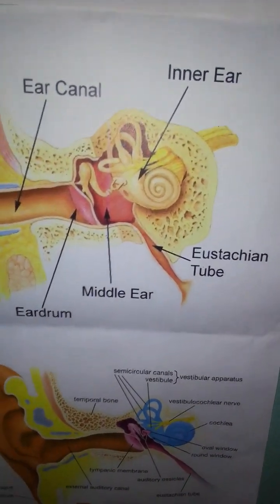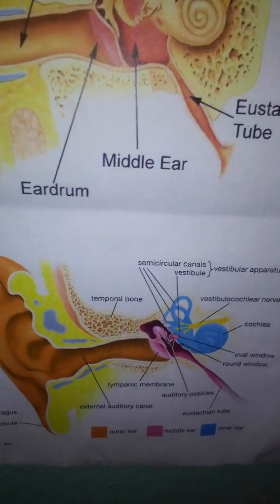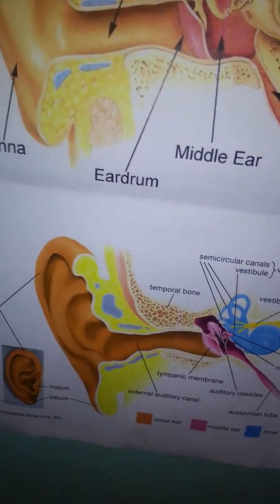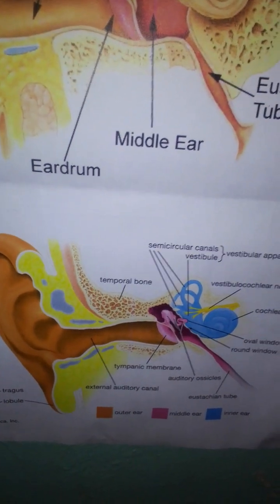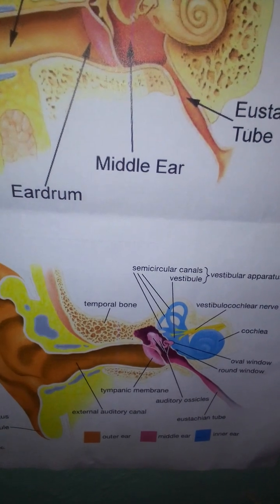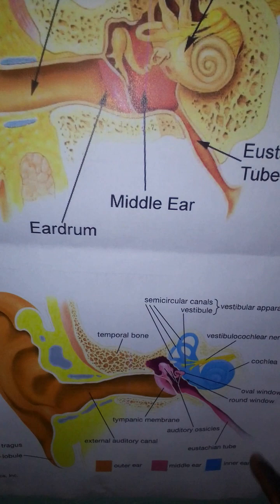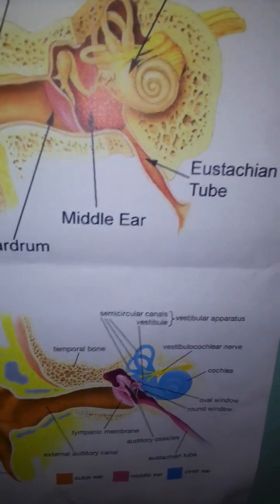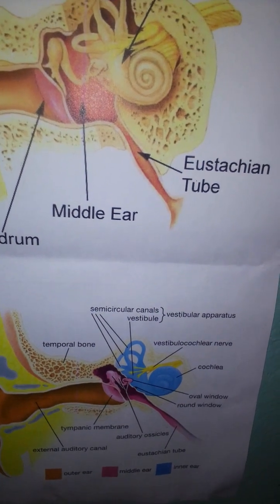This is the other diagram of an ear. It's showing the external auditory canal, the tympanic membrane, and the Eustachian tube here in the middle ear. There's also the inner ear in blue.